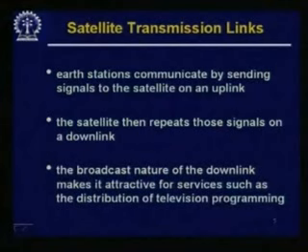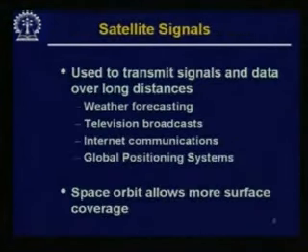When the satellite beams the signal back, it reaches a very wide geographical area, and all the receivers around can receive this signal, amplify it and use it. So, it is very popular for applications like distribution of television programming. There are other applications, we will talk about them.